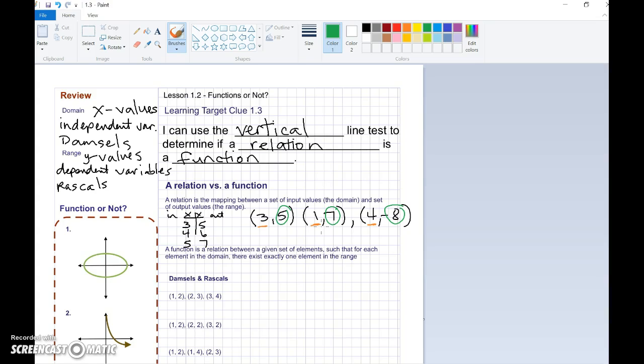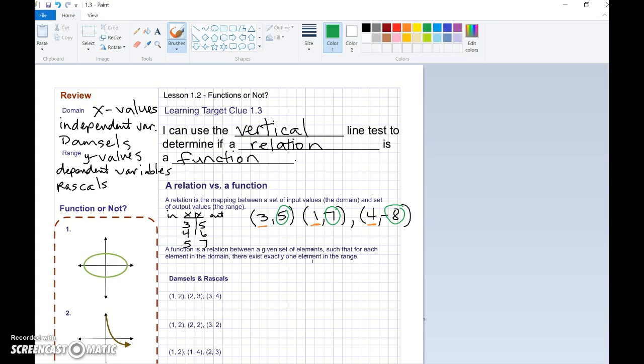A function is a relation, just as this is up here, between a given set of elements, meaning between a set of the domain and a set of the range, such that for each element in the domain, there exists exactly one element in the range.